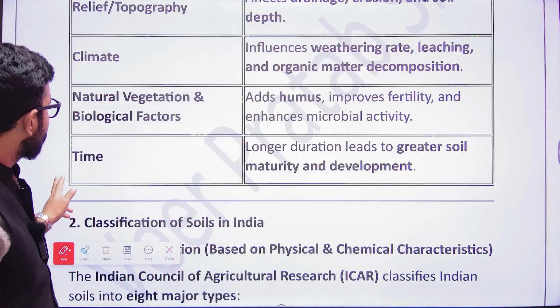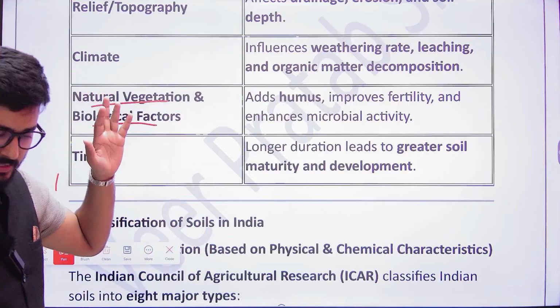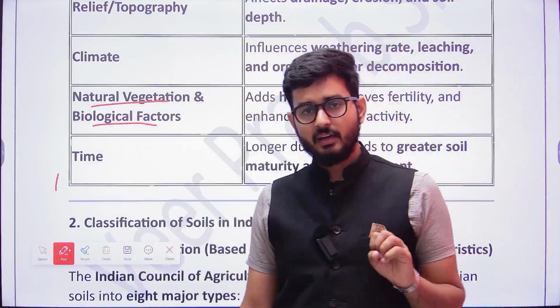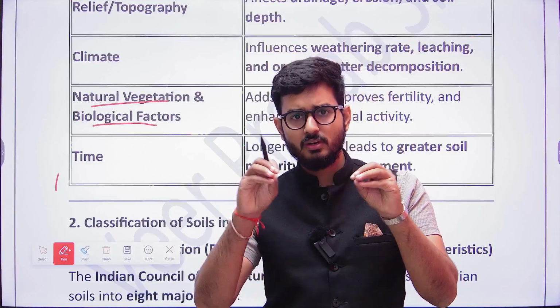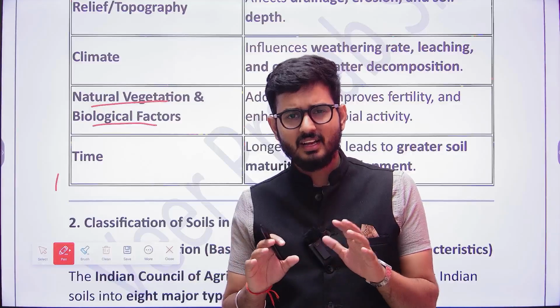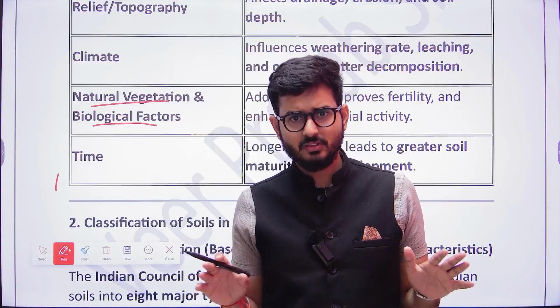Okay, then natural vegetation and biological factors. For example, if there are two areas, in one area there are no biological factors. For example, there are small granular disintegrated particles of the rocks that have the features of a soil, and there is nothing on that soil.